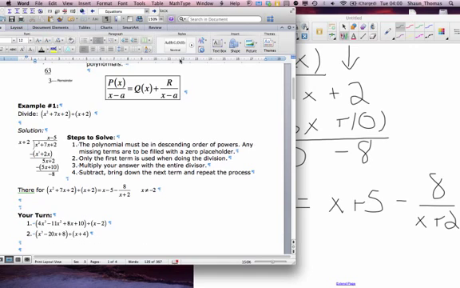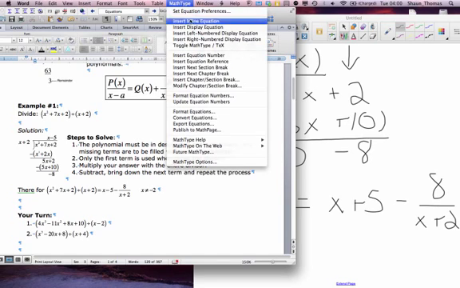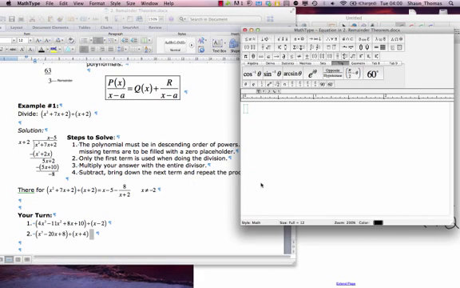So actually, let me demonstrate that here. What we would do here is, again, we would have our divisor of x plus 4. We are going to do a long division process. And you would put an x cubed.